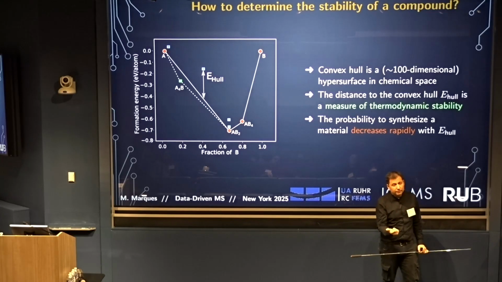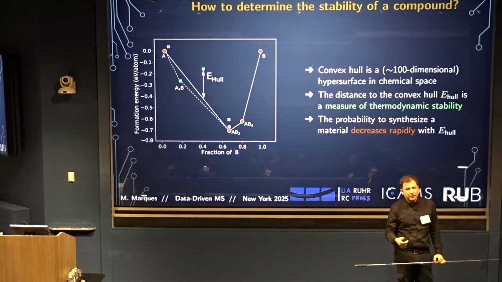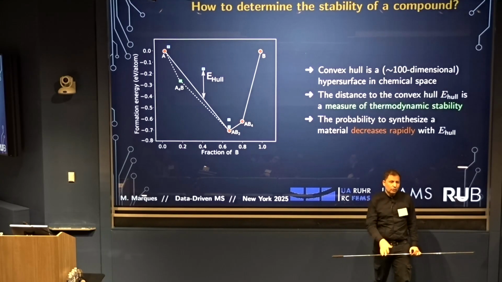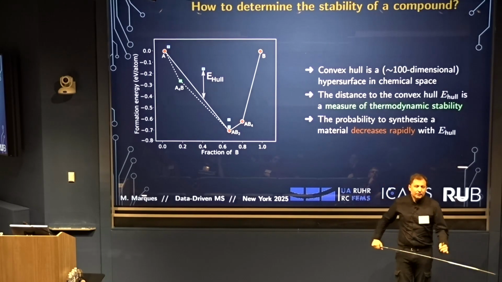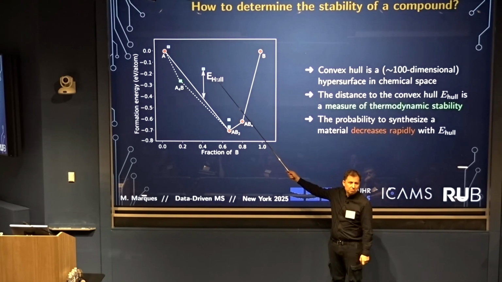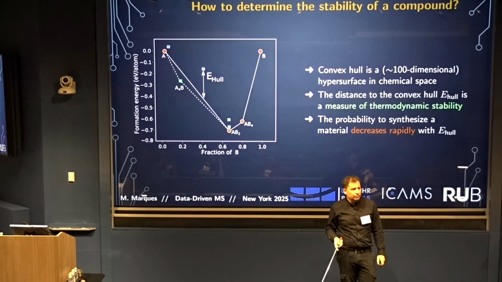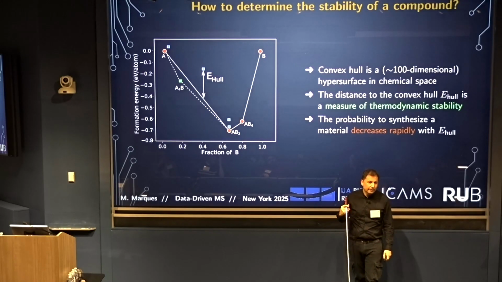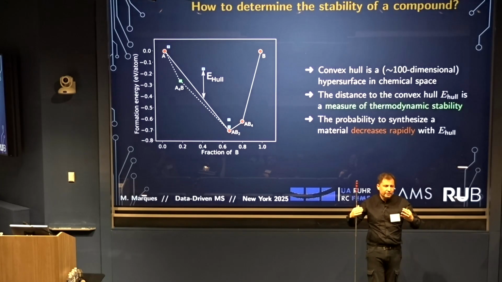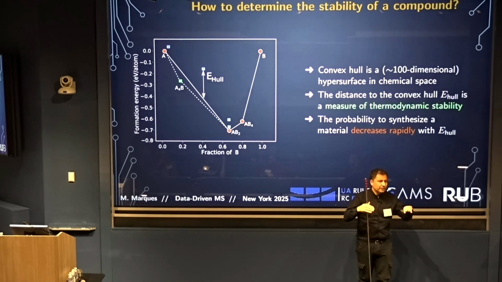Configurational disorder, if you don't go into high entropy alloys, gives you another 20, 30 meV per atom. These are orders of magnitude. So what we can tell you is that if something is half an eV above the hull, traditional synthesis methods will very likely not get it. It's easier to discard materials than to tell you which ones you can make.